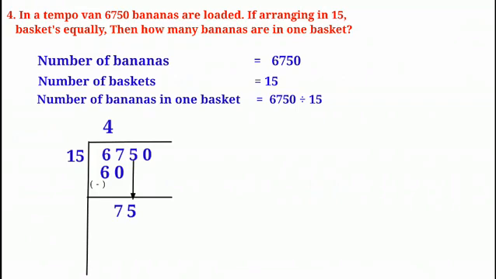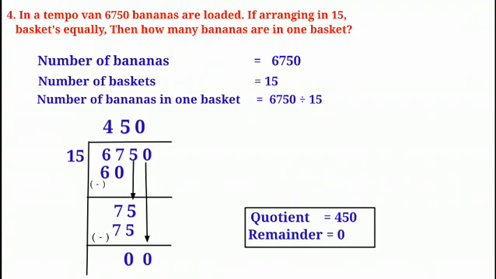How many 15s in 75? Calculate. Five 15s are 75. 75 minus 75, we get 0. Bring down the ones place number 0. 0 is not divisible by 15, so put 0 in the quotient. So the answer is quotient equal to 450 and the remainder equal to 0.